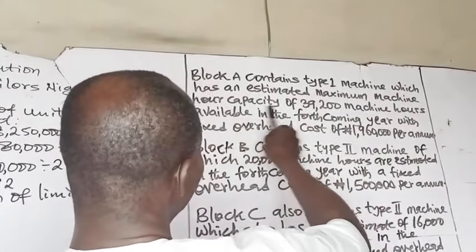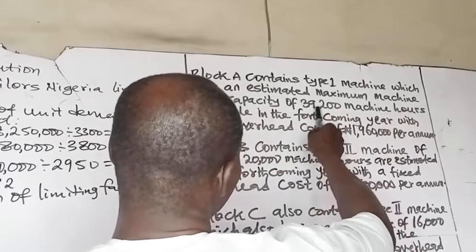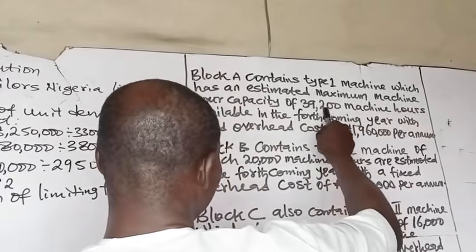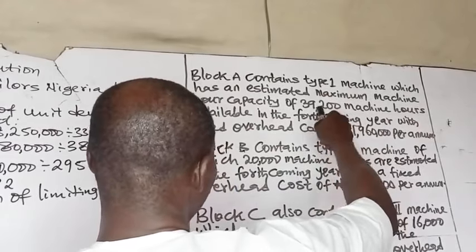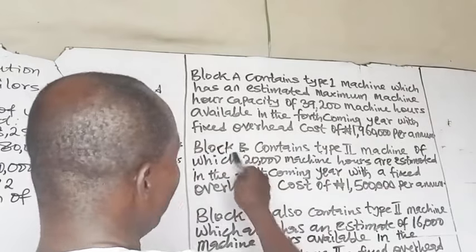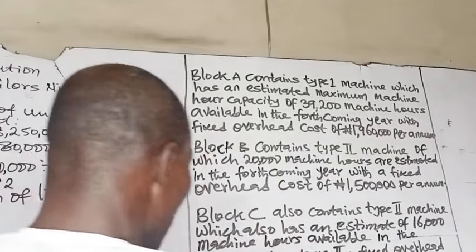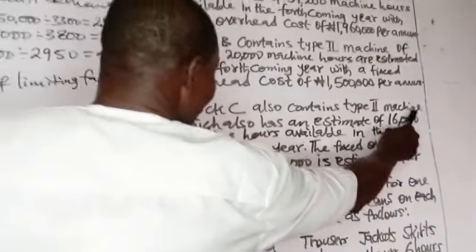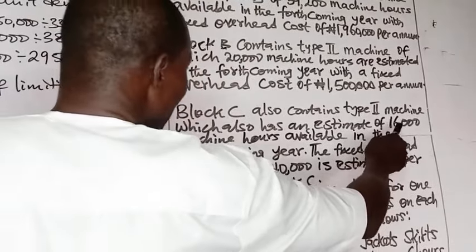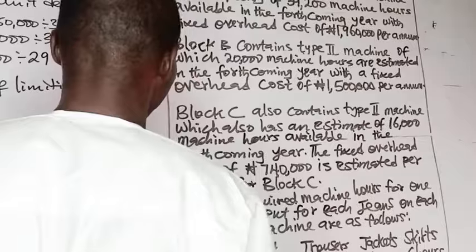And you are given the maximum machine hours capacity, 39,200 machine hours available. What is available for type 1 machine hours is 39,200. For type 2 machine hours, the one used in block B, the available is 20,000. For type 2 machine hours again, the one used in block C is 16,000. So the potential limiting factors are type 1 and type 2 machine hours.